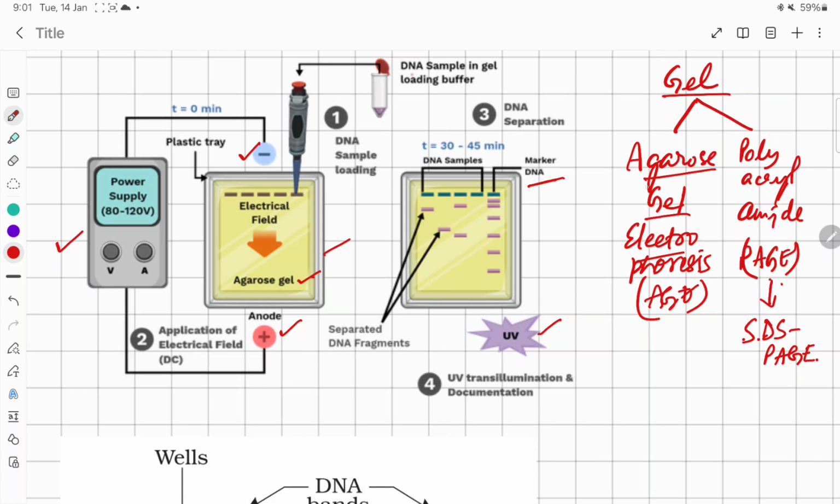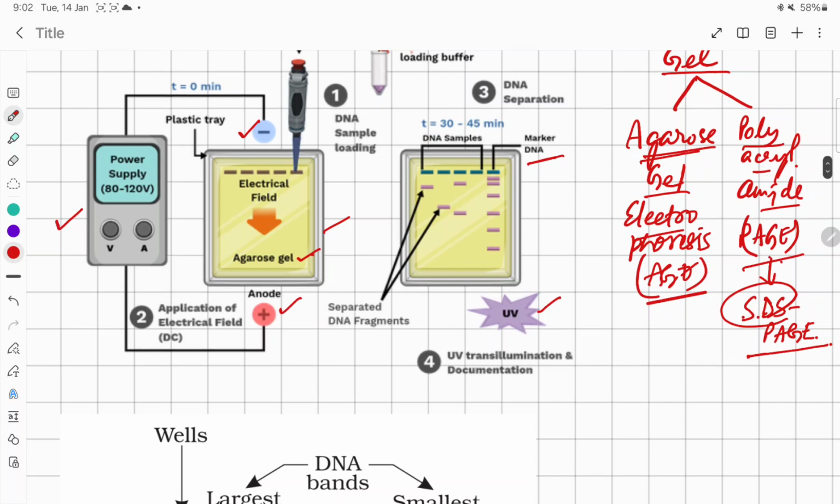So the gel can be either agarose, the natural one, or the synthetic one, polyacrylamide. Accordingly, agarose gel electrophoresis or PAGE, polyacrylamide gel electrophoresis. We can also use a denaturing agent like sodium dodecyl sulfate to make the protein negatively charged, and we call it SDS-PAGE.